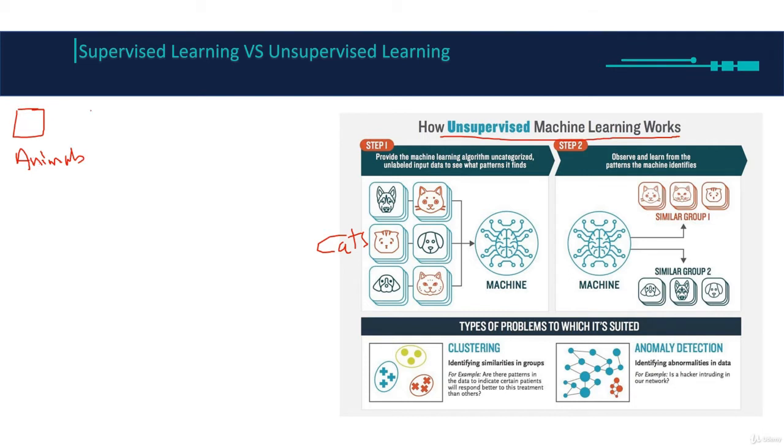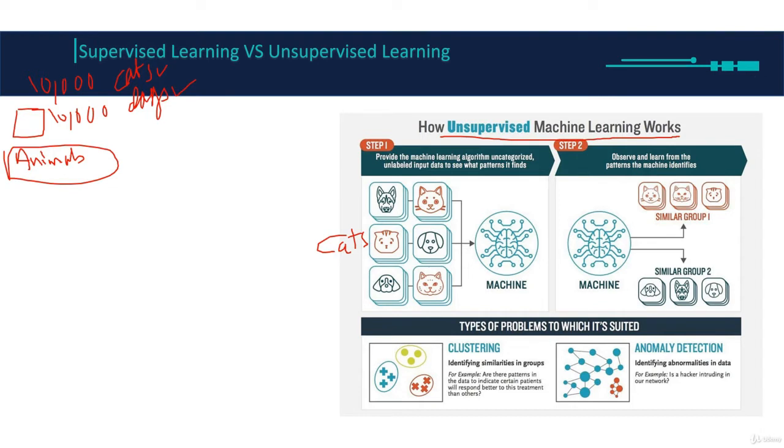And inside of it, I have 10,000 pictures of cats and 10,000 images of dogs. Now, I, as a human, know these are images of cats and these are images of dogs, and the label is animals. But the machine learning doesn't know that in this folder there are only cats and only dogs.